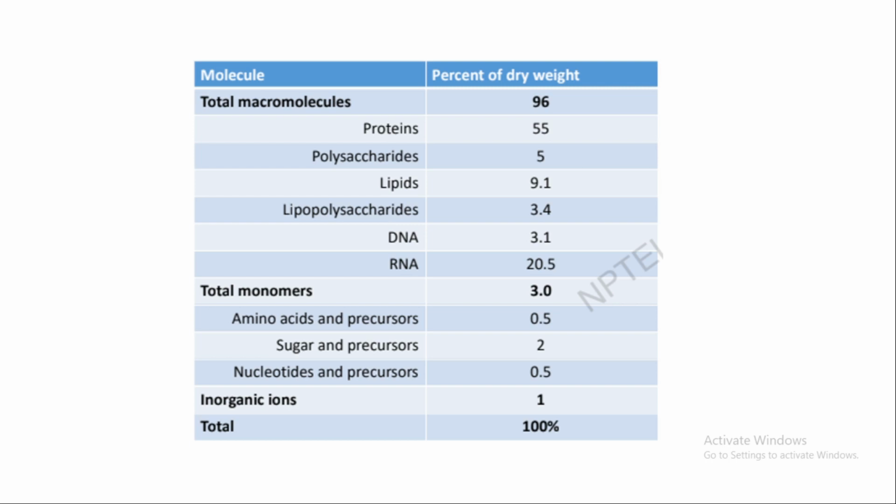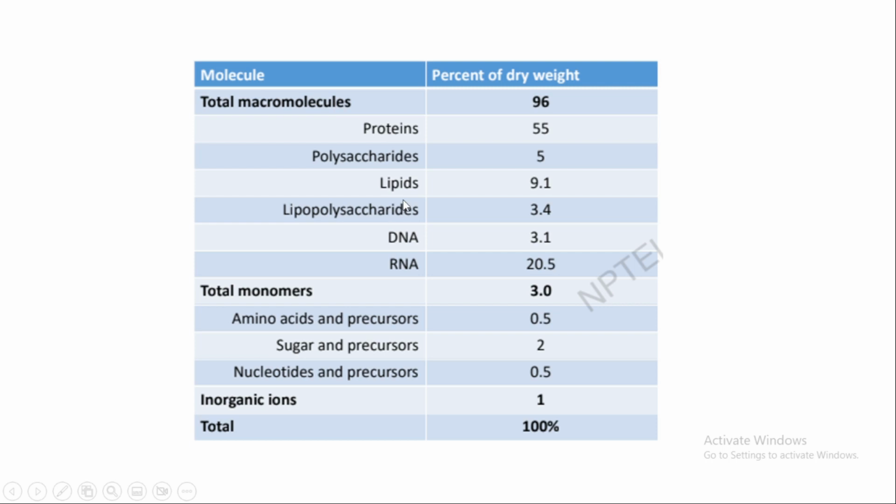So if you see in this table, 96 percent of the dry weight of a cell is composed of macromolecules, and these macromolecules comprise proteins, polysaccharides, lipids, lipopolysaccharides, DNA and RNA. These are all macromolecules.